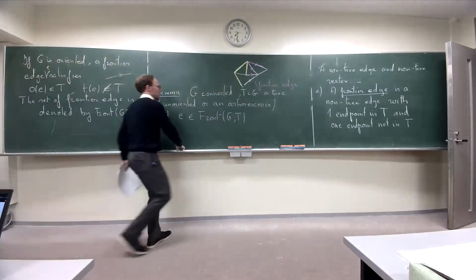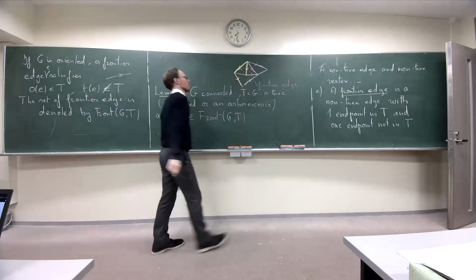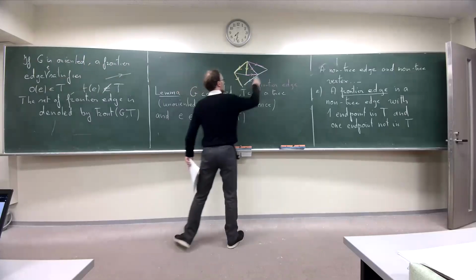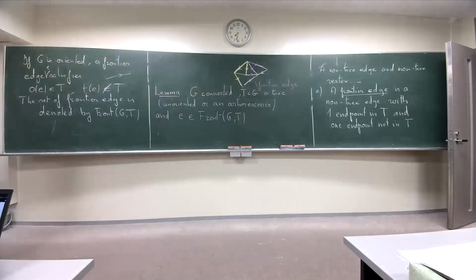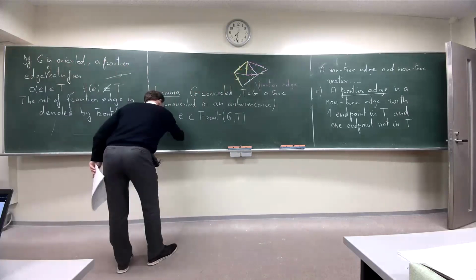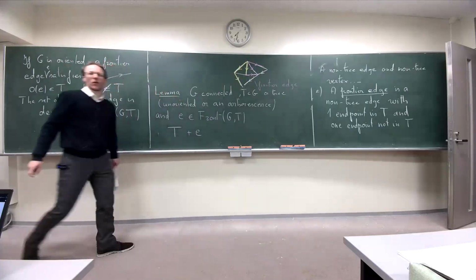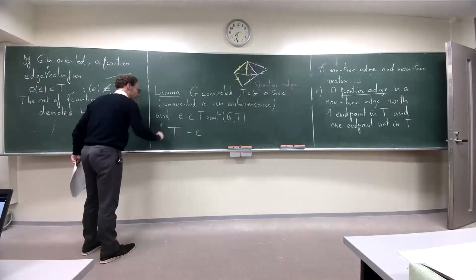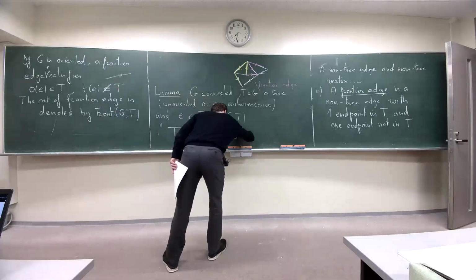If I deal with oriented, my picture should be like this, and maybe we have an orientation. What is T plus e? I could write T plus e, but this is not the correct notation. The correct notation is T union e.